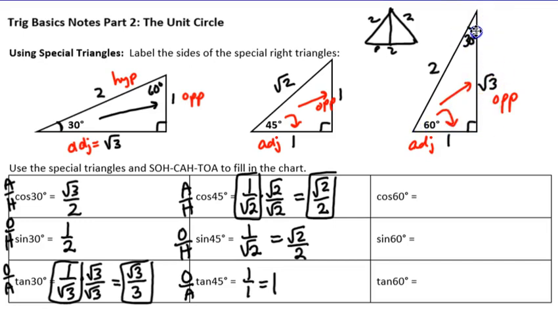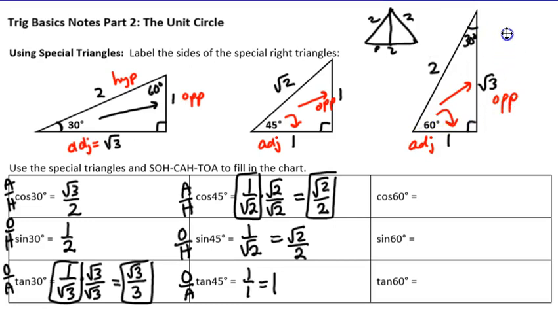So it depends on the side's relationship to the angle I'm trying to find. I just happen to position all of these angles in what's called standard position, which you'll actually talk about in the next video. But don't think that the adjacent side is always the bottom and the opposite side is always the vertical side unless the angle that I am trying to find is in this standard position.